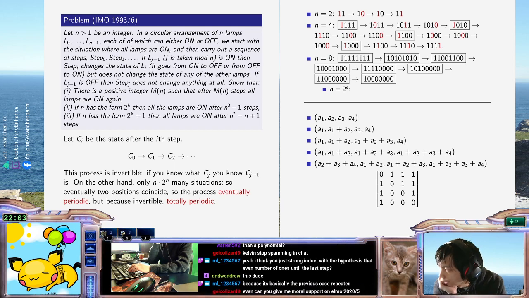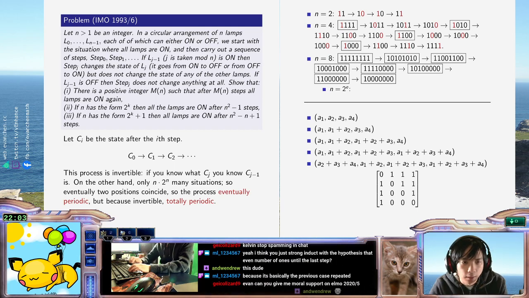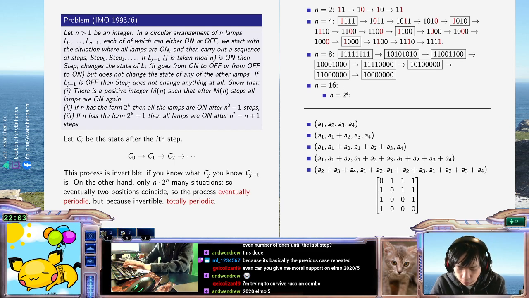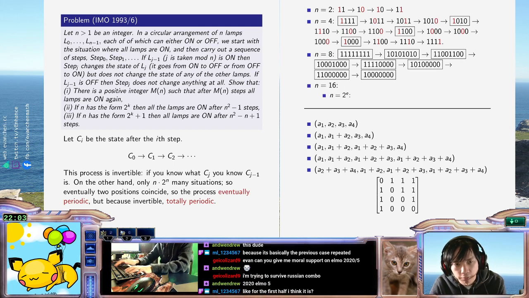It's basically the previous case repeated. Is it though? Like 1111, 1111, 1111. Yeah, I agree.